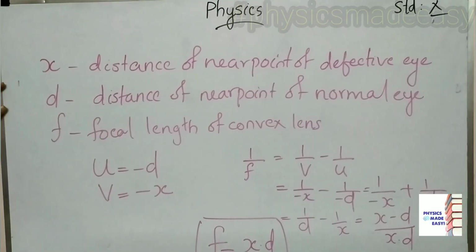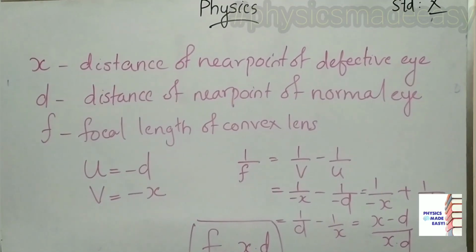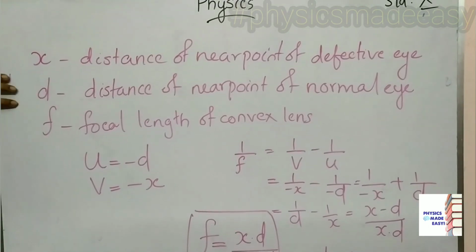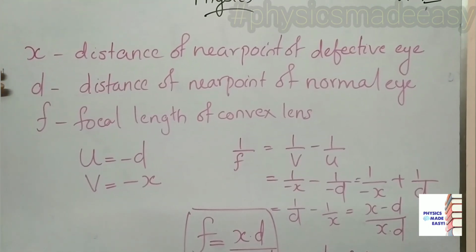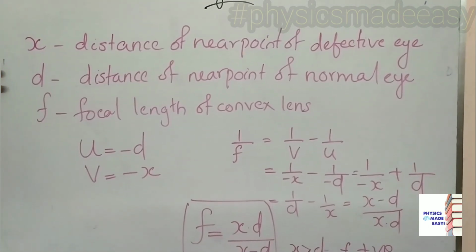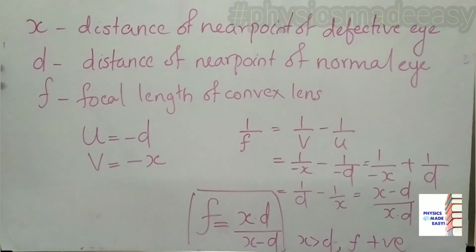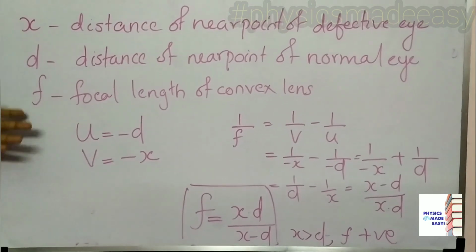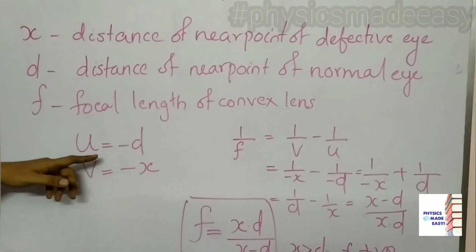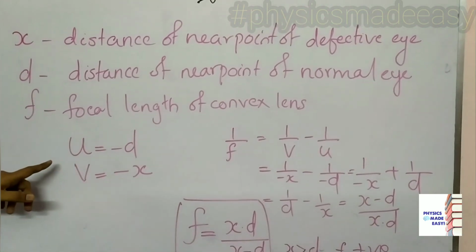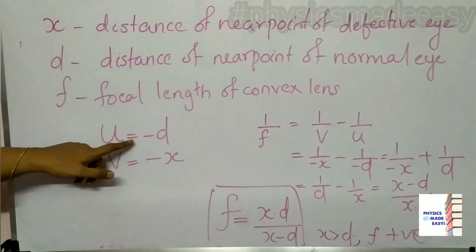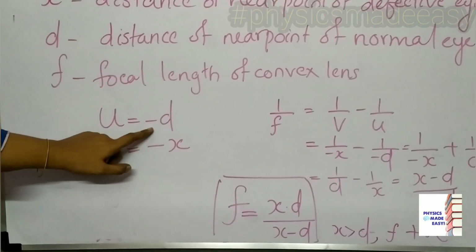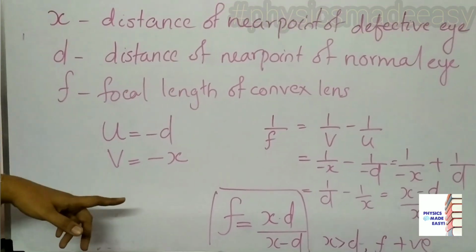Here you can see x is the distance of the near point of a hypermetropic eye, d is the distance of the near point of a normal eye, and we can take f as the focal length of the lens. Then from this you can write u is equal to minus d. Here we are discussing hypermetropia, so u is equal to the near point of the normal eye, minus d. You know the value, minus 25.